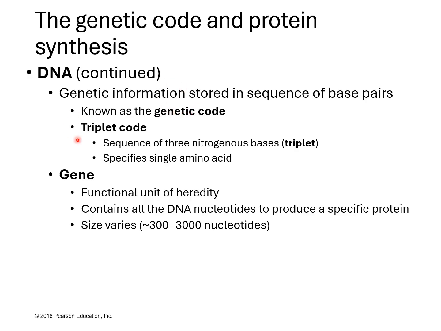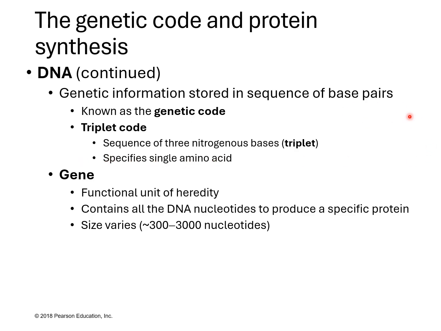It's stored via a triplet code. A triplet is just a sequence of 3 nitrogenous bases. It can be AAA, it can be CTA, it can be any code of those 4 nitrogenous bases for DNA. Those are known as triplets. Those triplets will then be transferred into RNA, and those RNA codes will specify a single amino acid.